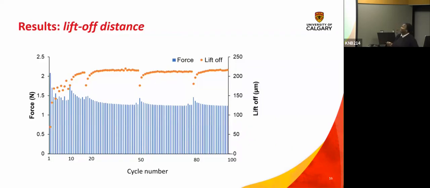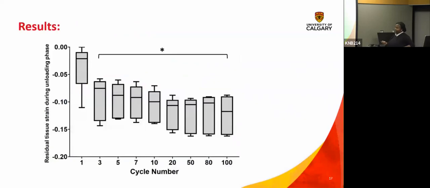Okay, so now looking at the results, just as I said, with the lift-off distance, we are now able to calculate the residual tissue strain during the unloading phase. If you remember, the nominal strain that was applied to the tissue was 20%. And this data for the strain from the lift-off was obtained at the unloading phase during the loading.